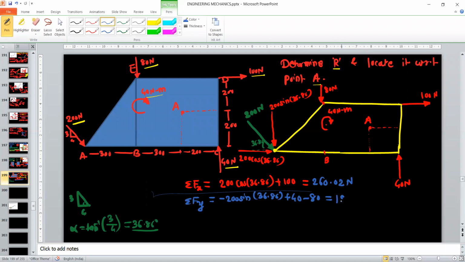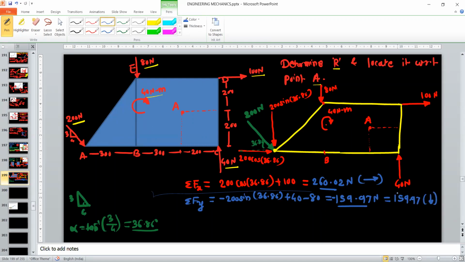So this is negative 159.97 Newton. As summation Fx is positive, its direction is towards the positive x direction. Summation Fy is negative, so actually this is 159.97 towards the negative y direction.